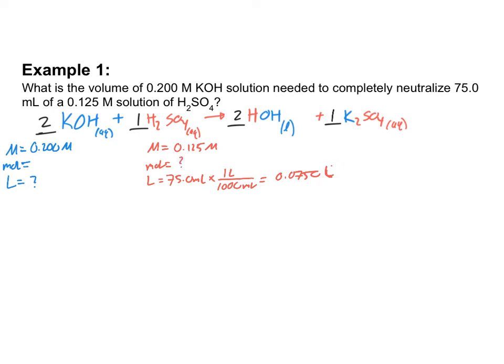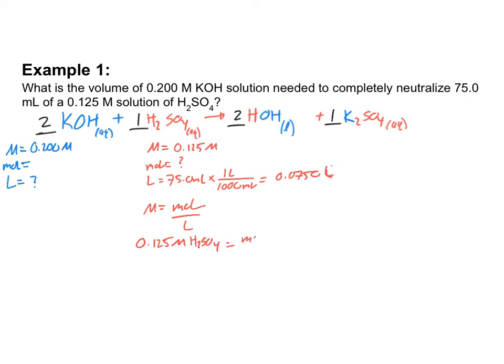So the first thing I'm going to do is calculate moles of H2SO4, because in any chemical reaction, if I know moles of one thing, I can calculate a whole lot of things using stoichiometry. So first, molarity is equal to moles over liters. I know that the molarity in this case is 0.125 molar H2SO4.